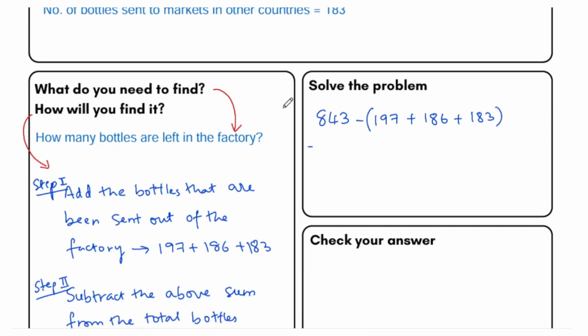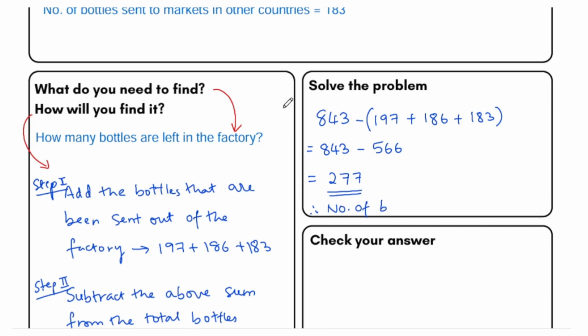That is equal to 843 minus, when I add all these three numbers, it sums up to 566. Now subtract both. The answer will be 277.